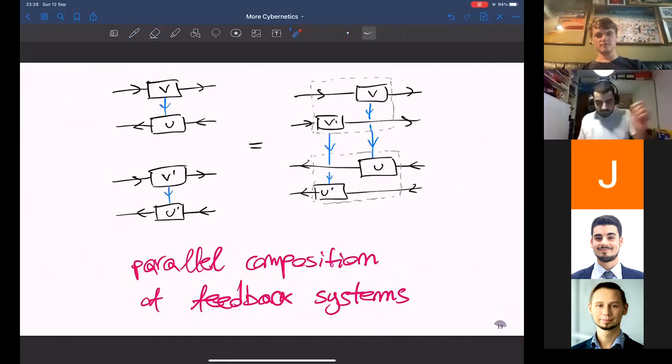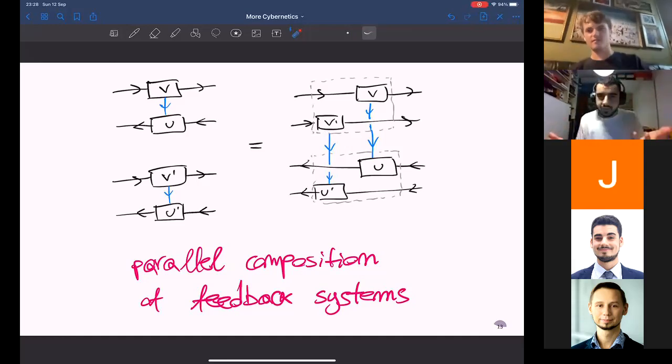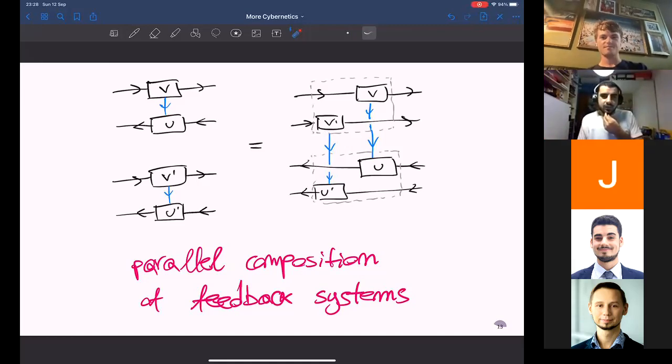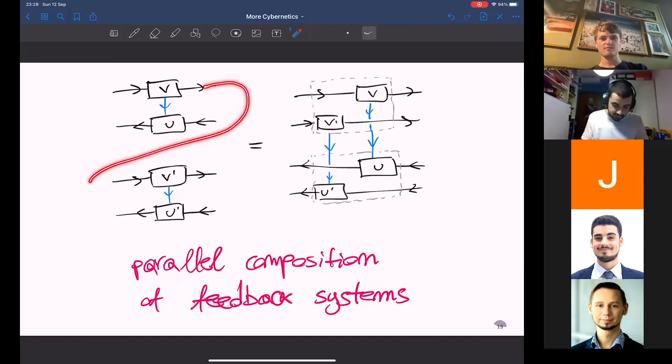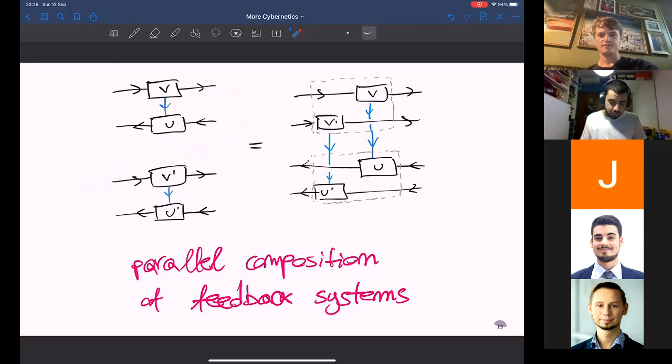And not only can I compose things in sequence, but I can also compose them in parallel. So what happens if there's my system, there's your system, and we do our thing completely independently and possibly at the same time? Then we still get a composite system, but it's not like I feed the result of my computation as the input of yours. I simply do my thing while you do yours. This is called a tensor product in category theory.